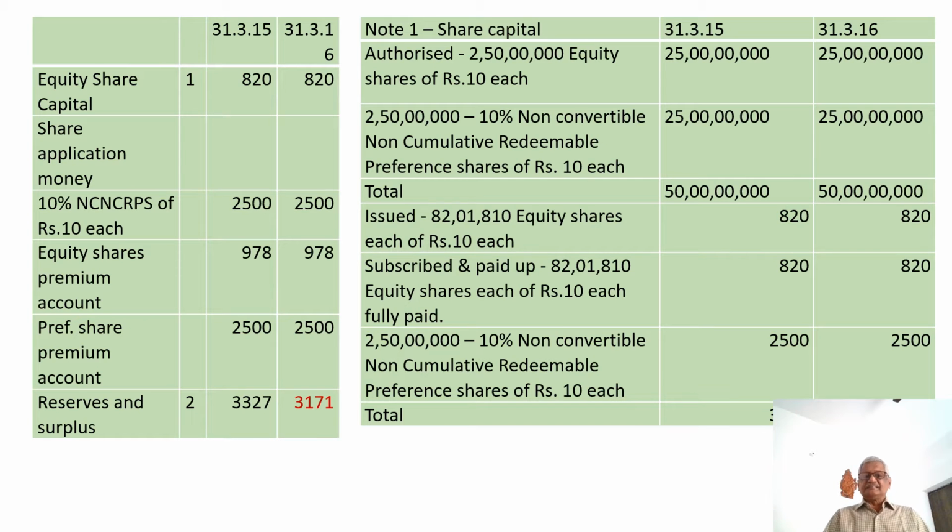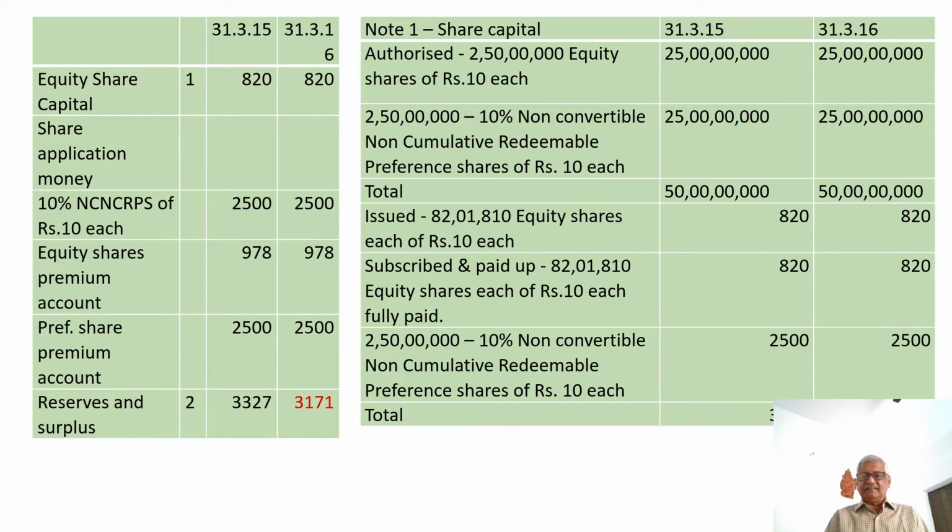Now the first one is equity share capital. Parallelly on the right hand side, you can see the note number 1 giving the share capital details. First one is the authorized share capital. The second one is the issued share capital. And the third one is subscribed and paid up share capital.